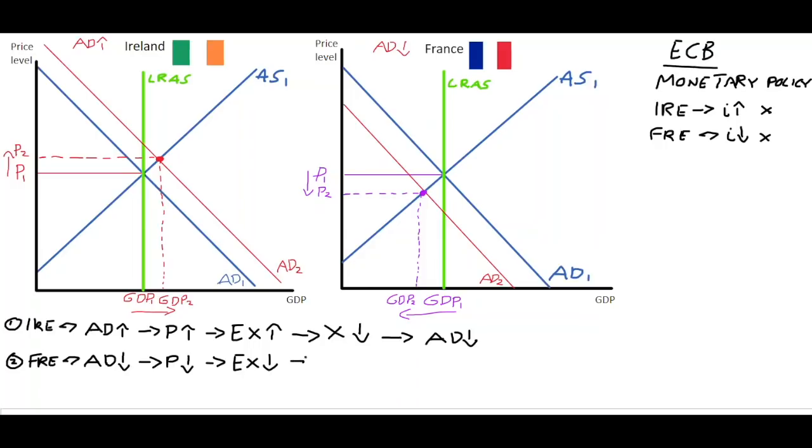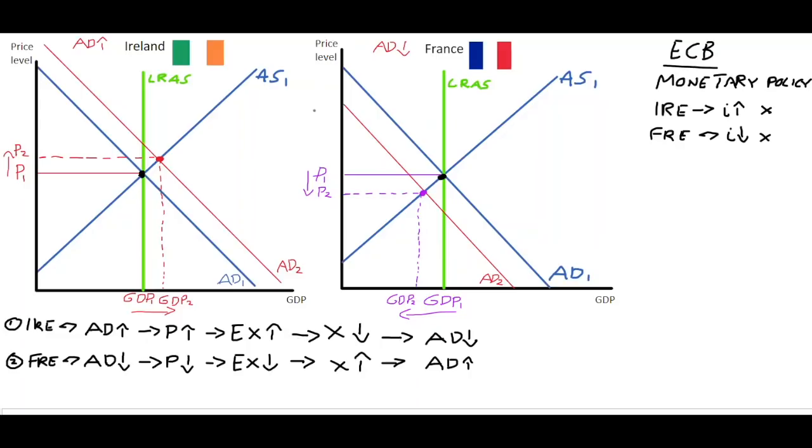A depreciating currency causes exports to increase because your goods are cheaper on international markets, and because they've increased and are a part of demand, aggregate demand would increase, and therefore the decrease that we've shown on this graph would revert back to its short-run equilibrium and its long-run equilibrium. So both in the Irish and French case, if they had national currencies, they would be automatically regulated and would return to their long-run growth path.